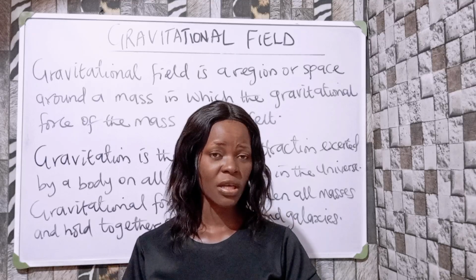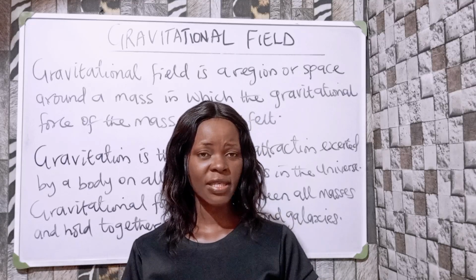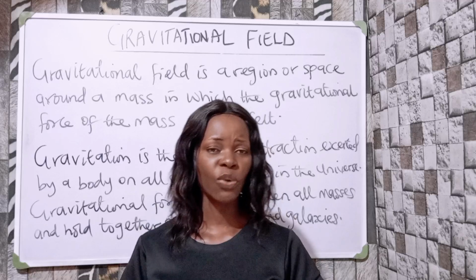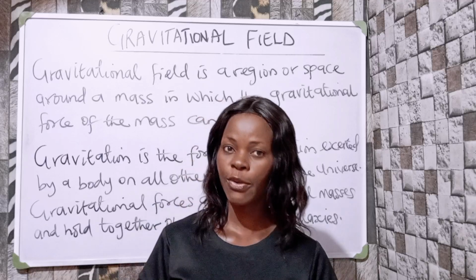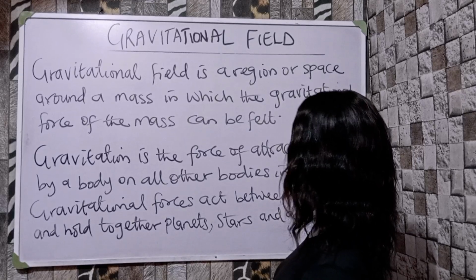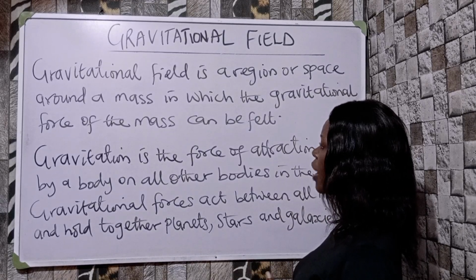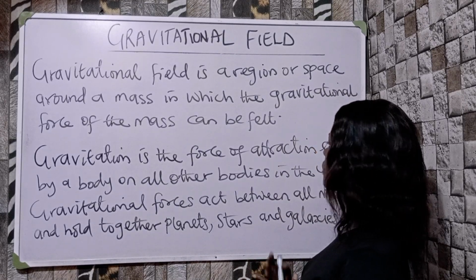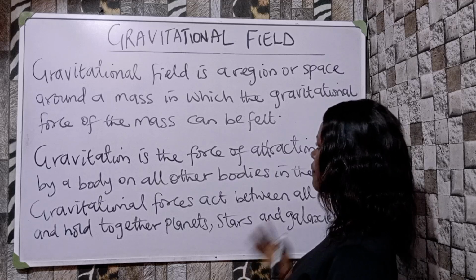Under this concept, you now have gravitational force. But you're looking at the field itself. So let's look at gravitational field. Gravitational field is a region of space around a mass in which the gravitational force of the mass can be felt.